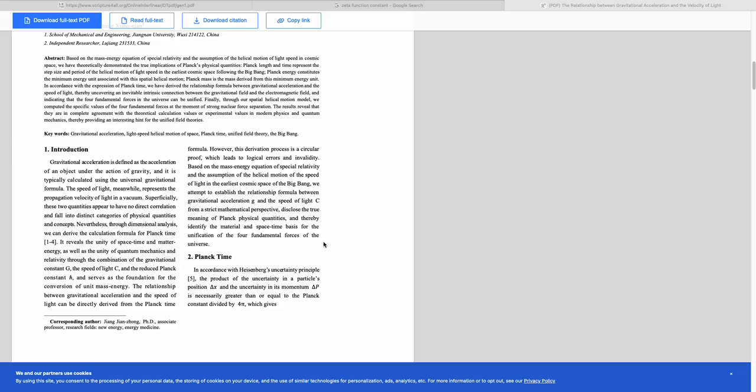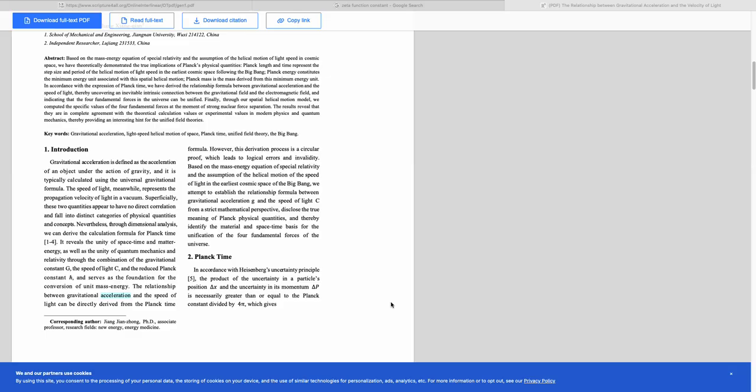Nevertheless, through dimensional analysis, we can derive the calculation formula for Planck time. It reveals the unity of space-time and matter energy, as well as the unity of quantum mechanics and relativity, through the combination of the gravitational constant g, the speed of light c, and the reduced Planck constant.